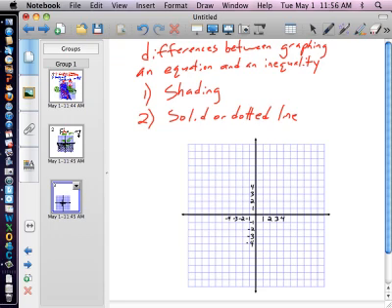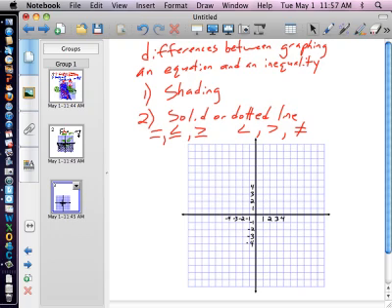Inequalities can be solid or dotted. Solid would be if it looks like this, or this actually, right? Dotted line would be when it's just this or that. And also, rarely we have that one as well. So dotted would not include any equals. Solid would include everything equals.